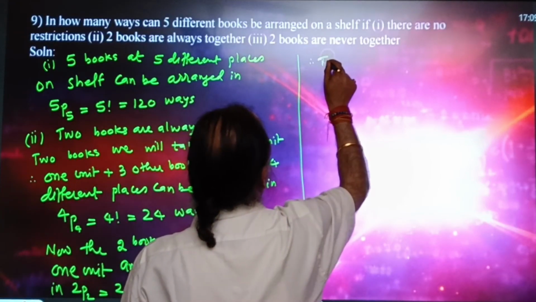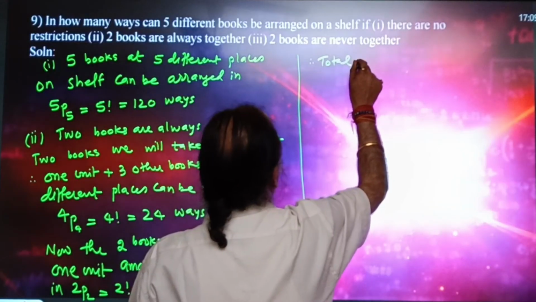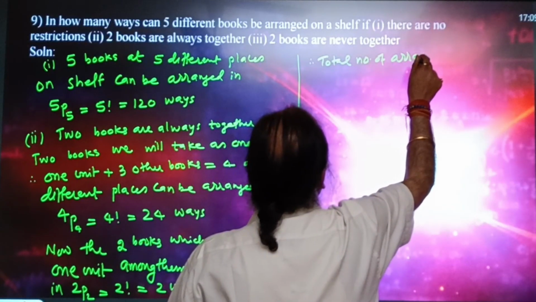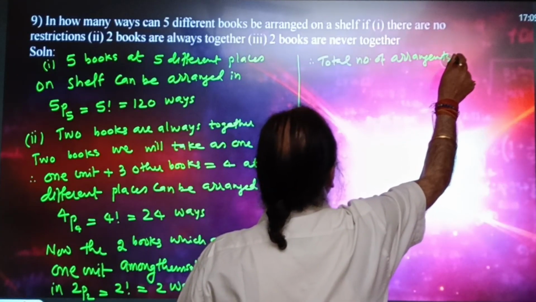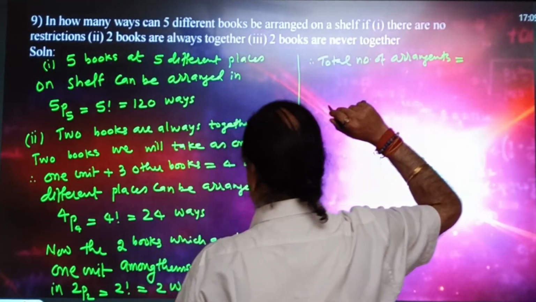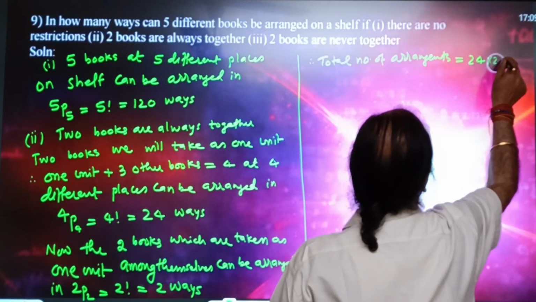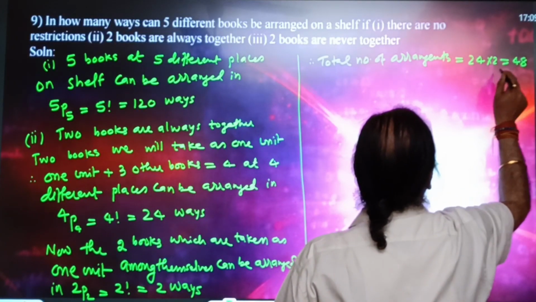Therefore, total number of arrangements is equal to 24 into 2, 48 ways.